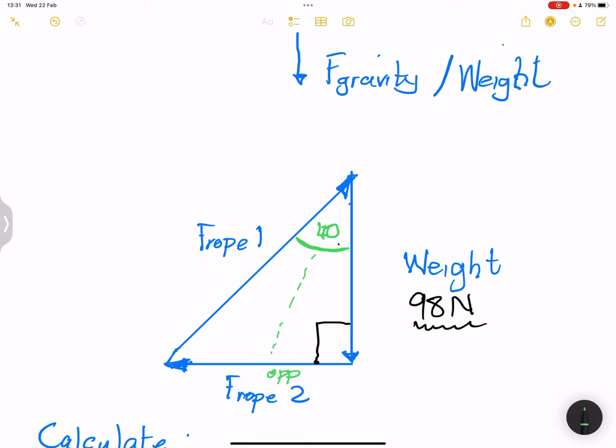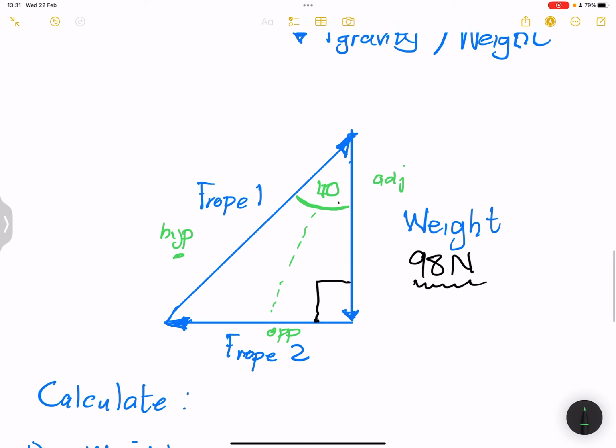And then we always call the longer side the hypotenuse. So in this case, this is our hypotenuse. And of course, this is the adjacent side. It's the one next to the angle. There are two sides next to the angle, but we've already called this the hypotenuse, so that one is the adjacent side. Remember, adjacent just simply means next to.